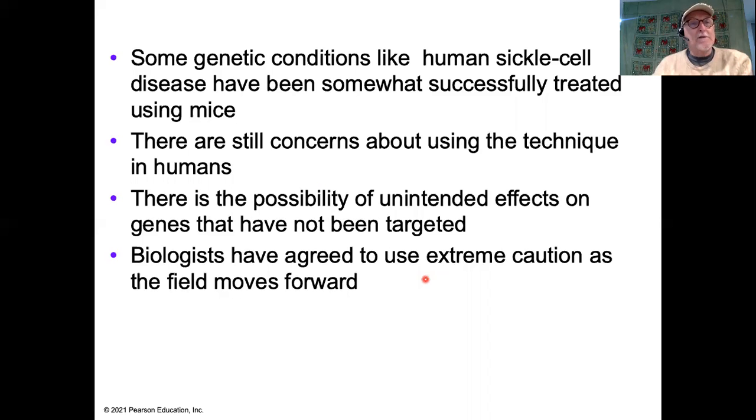That would be one strategy. There are others that I mentioned. Huntington's is another one. Cystic fibrosis is another disease where they're looking very carefully to see if CRISPR-Cas9 could actually be used.